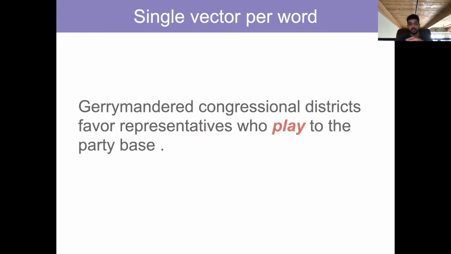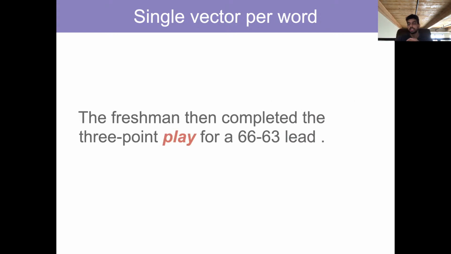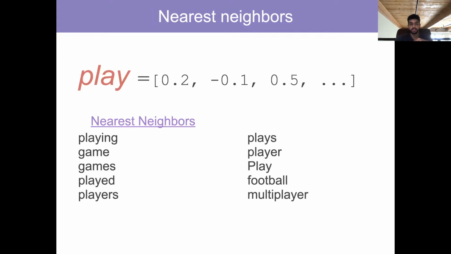I can use it as a verb like this, where it's more metaphorical play to cozy up to the party base, right? Or I could use it in the context of an actual physical play that happens in a sports game. It could also be a verb, right? I could play baseball or something like this.